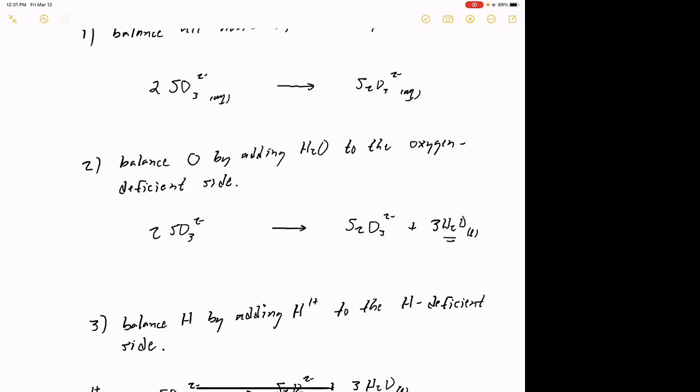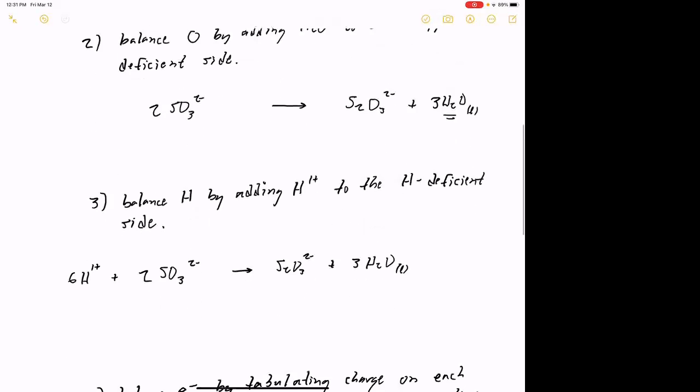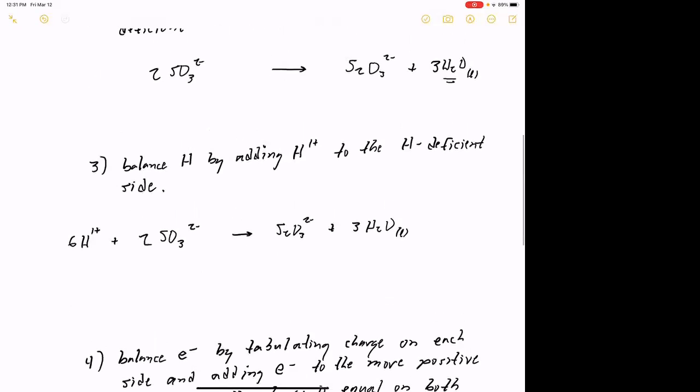How many do you have on the left? 0. Okay, so item number 3 says, now we balance the hydrogens, and we do it by adding hydrogen ion. Because we're in acid, we can do that to the other side, right? So that's where the 6H plus came from. I have it in there to balance out the 6 hydrogens that show up on the right.